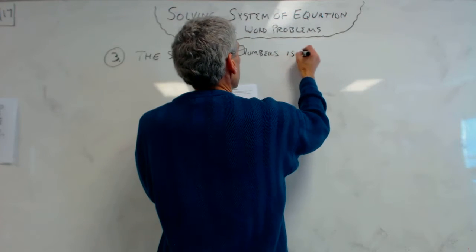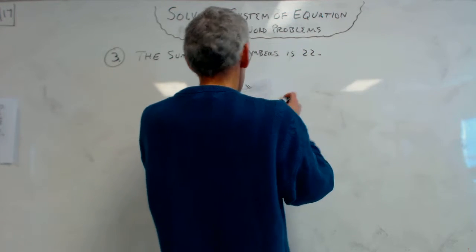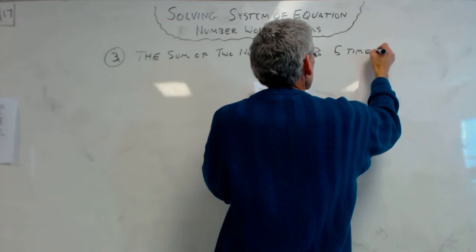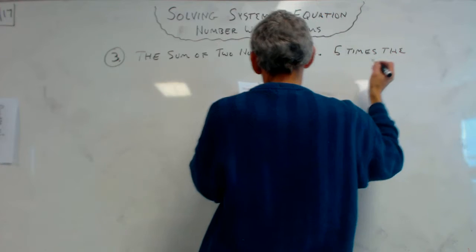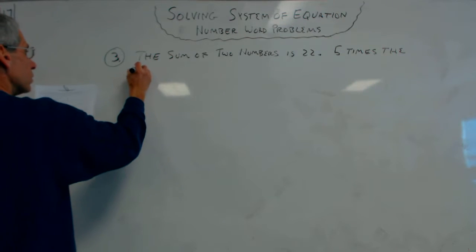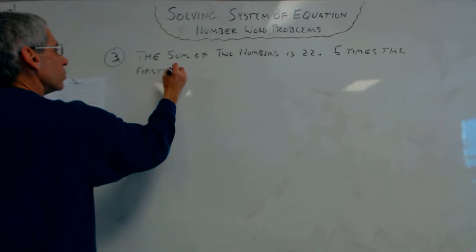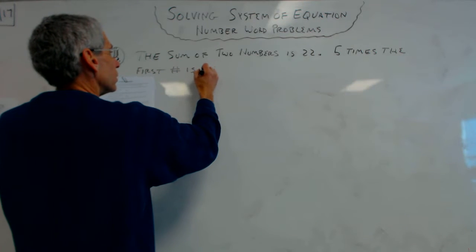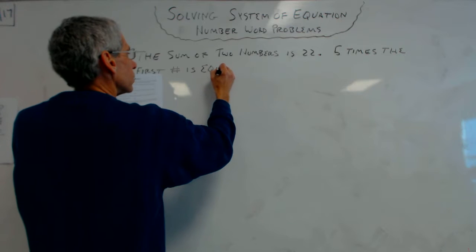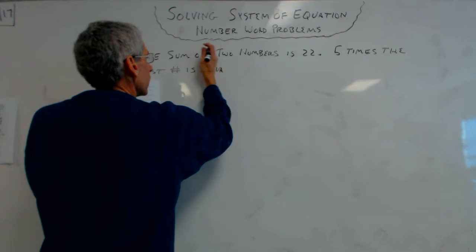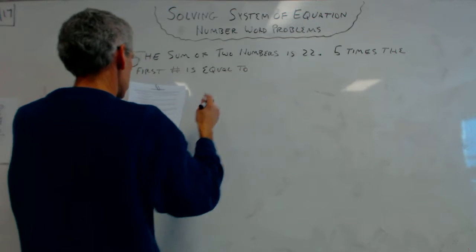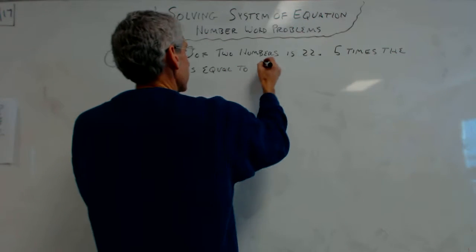The sum of two numbers is 22. Five times the first number is equal to 4 less than the second.